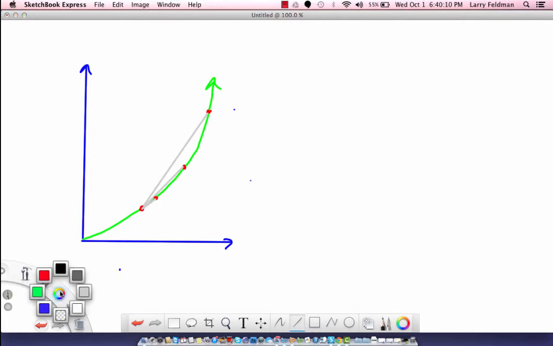So let's do a quick example. Let's say that f of x is x squared, which is what I've graphed here, by the way, just in the first quadrant.